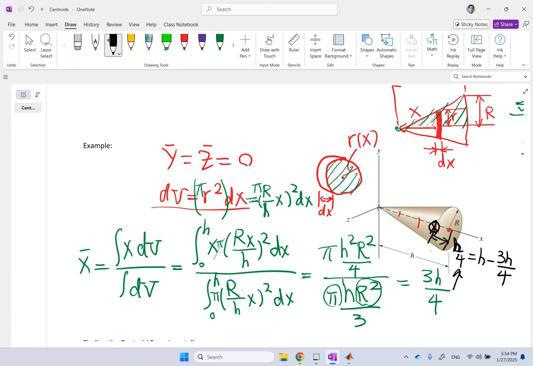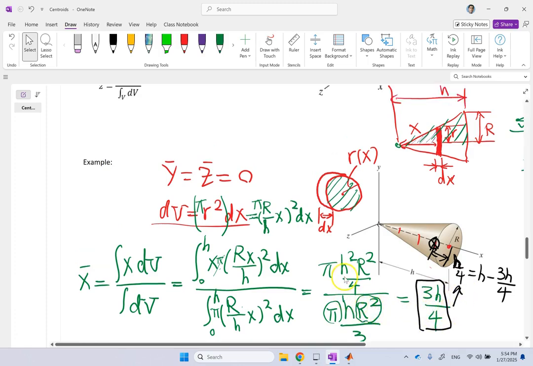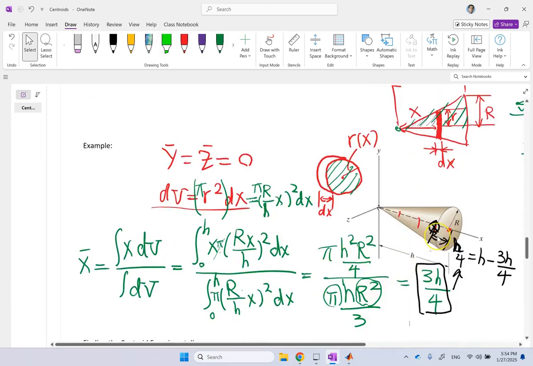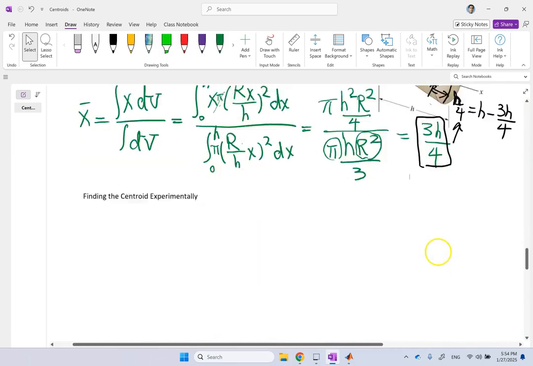And that is the location of the centroid for a cone. And again, if you go to those websites and look at the well-known shapes, but instead of 2D shapes, you look at 3D shapes, you'll see for the cone, this number is reported. Okay, so this was an example of calculating the center of volume or center of mass.